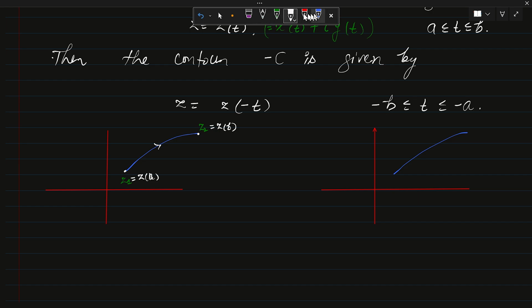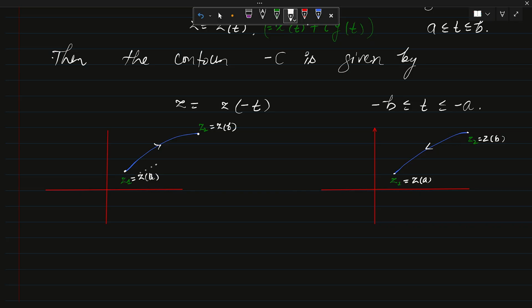So let me write, suppose this is our Z1, this is our Z2, that is, Z1 and Z2 are still the same. But now this is Z2, which was the b point, that is z(b), and that was z(a). But now the scenario is different. Now we are coming from Z2, that is, from the point Z2 to Z1.